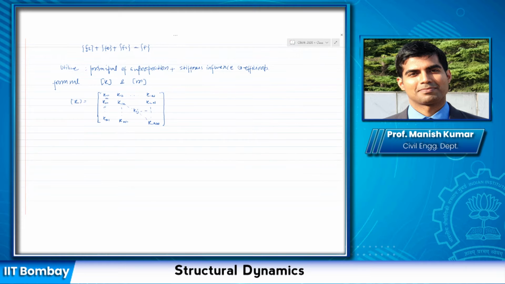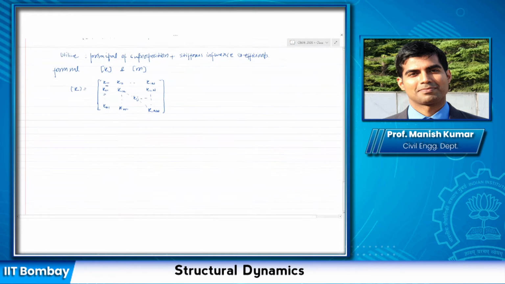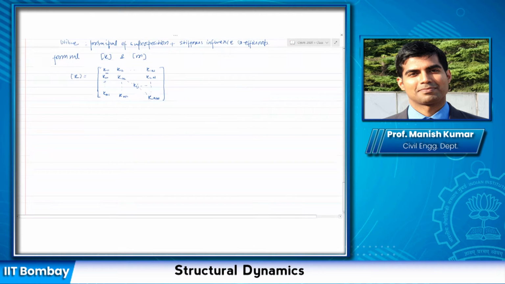Let us see how we do that. So we consider our 3 degree of freedom system, and we will utilize the same here as well. So my Kij, or this stiffness influence coefficient, is nothing but, before going into that, let me first write down.